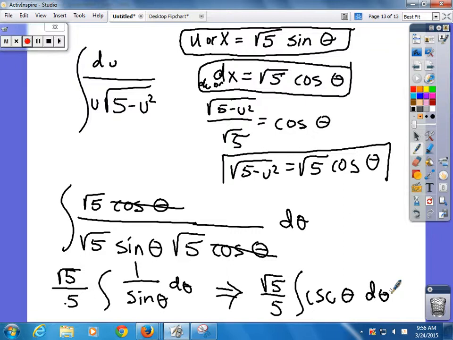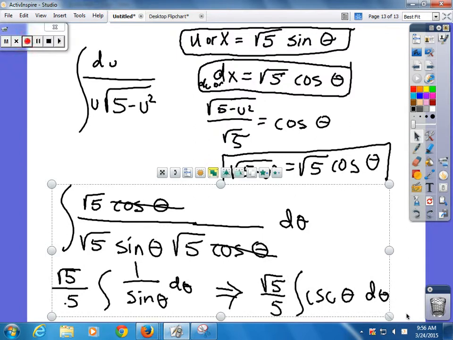What is it? Natural log of cosecant minus cotangent? You might have to look it up. So let's take this. Let's just do this.